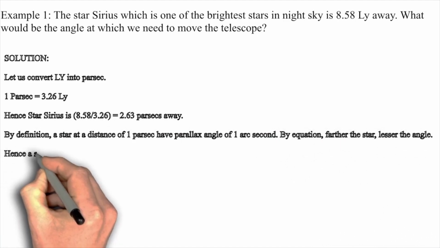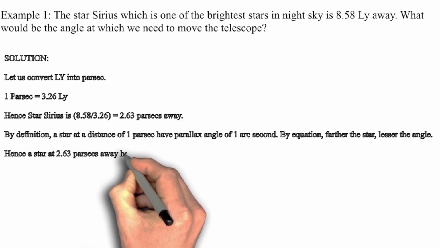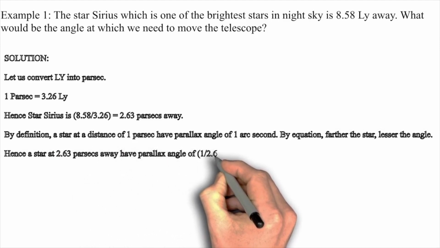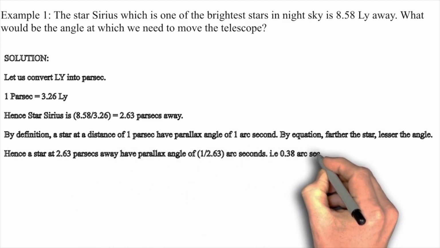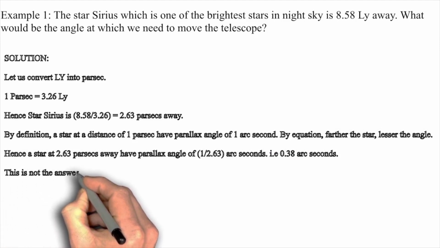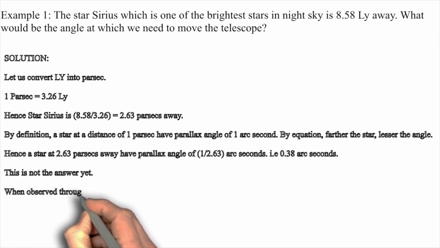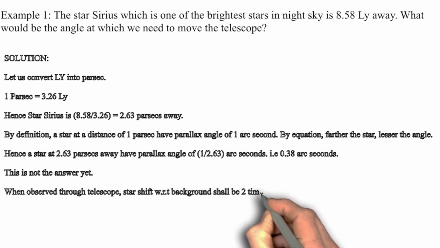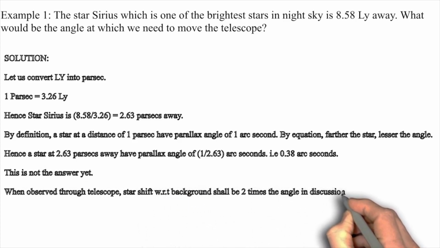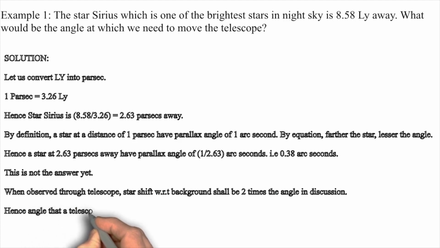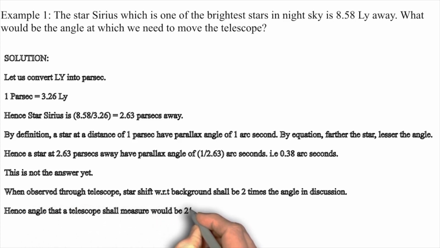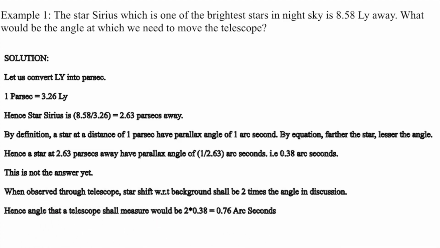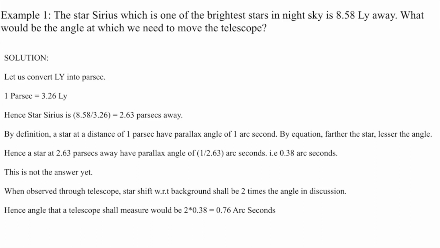By definition, a star at a distance of 1 parsec has a parallax angle of 1 arc second. By the equation, the farther the star, the lesser the angle. Hence, a star at 2.63 parsecs away has a parallax angle of 1 divided by 2.63 arc seconds. Just 0.38 arc seconds. Hold on, this is not the answer yet.